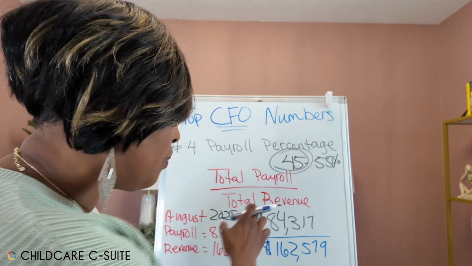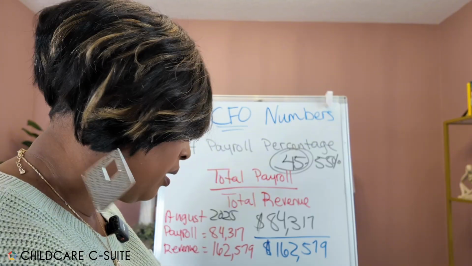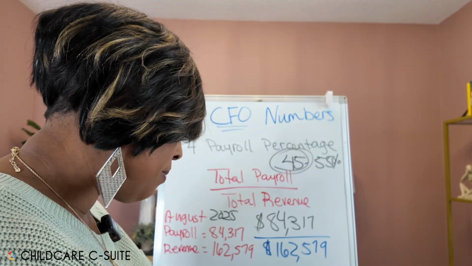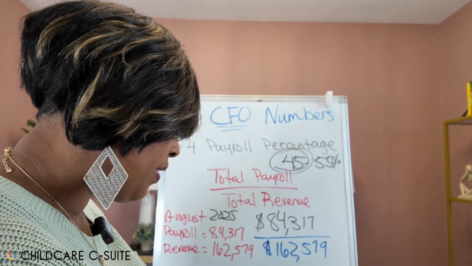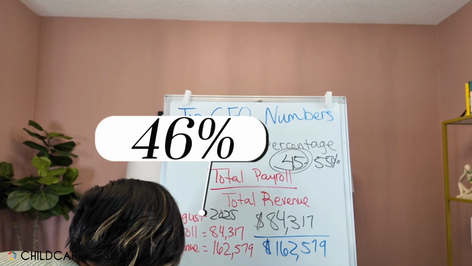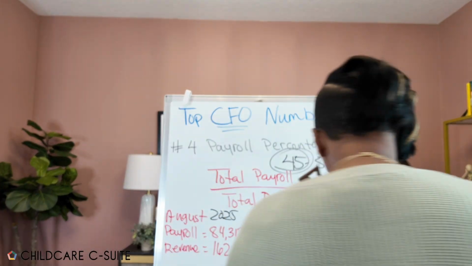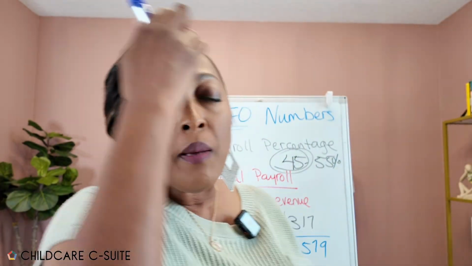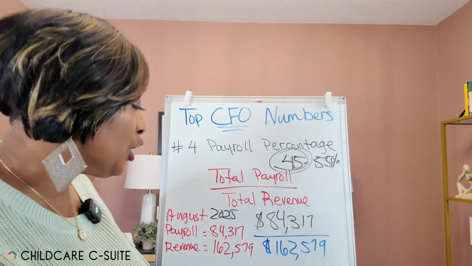Let's see what my percent will be. 84,317 divided by 182,579. Then that would have put me at a 46% payroll percentage. You see that? But granted, we all know I'm not going to get that VPK money until September.